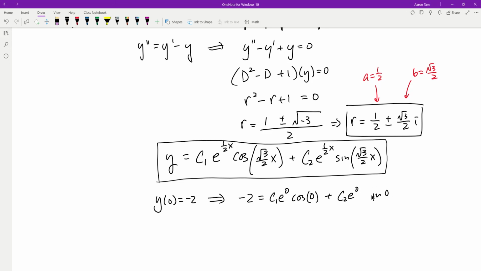So notice that sine 0 actually goes to 0, so this thing goes away. Cosine of 0 is 1, and e to 0 is also 1. So therefore, that automatically tells me that C1 equals negative 2, which is nice.